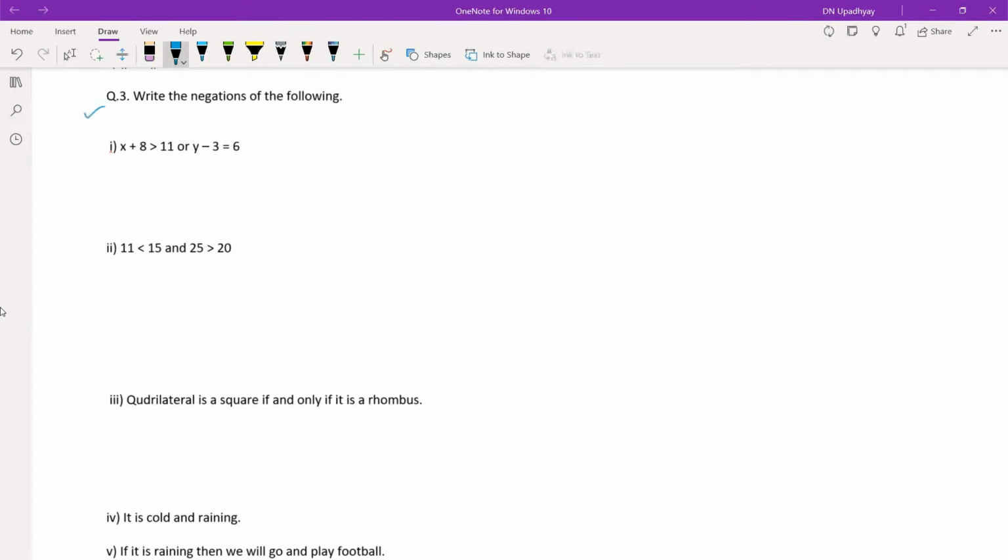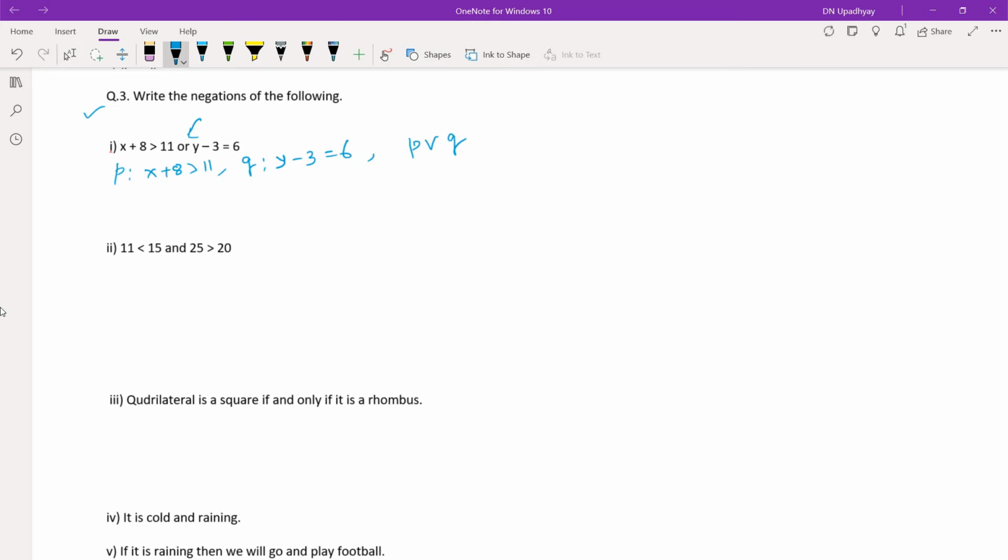Let us assume that P is nothing but x plus 8 greater than 11, and Q is such that y minus 3 is equal to C. So if we change this in symbolic way, this will be P or Q, since there is the word or.